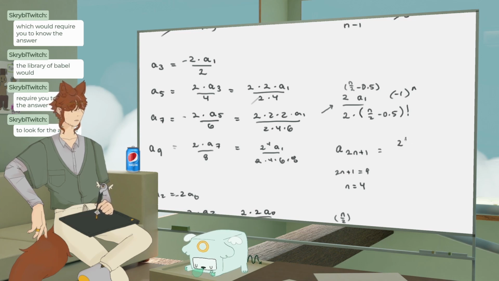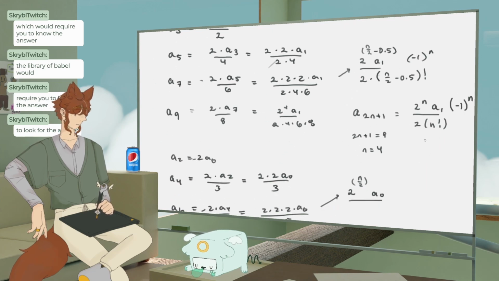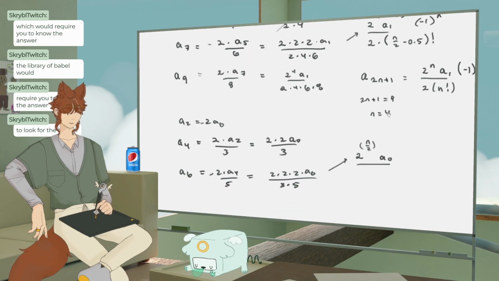I see how it is. a1 over... Okay, the factorial is still weird, so it's 2 times n factorial. And then minus 1 to the n. I guess? Yeah.